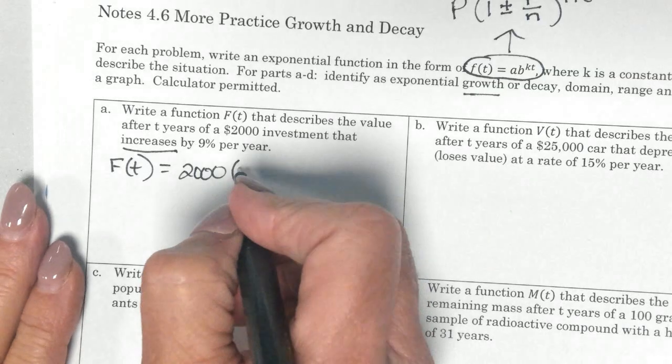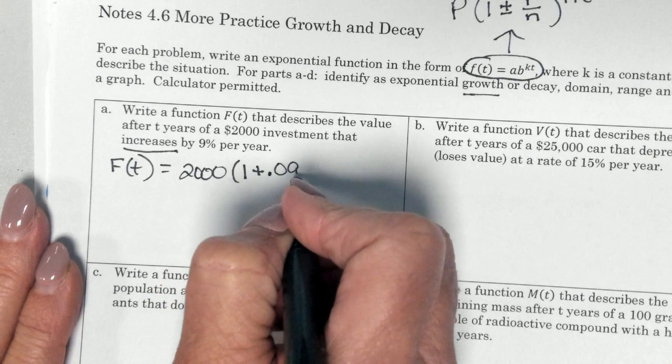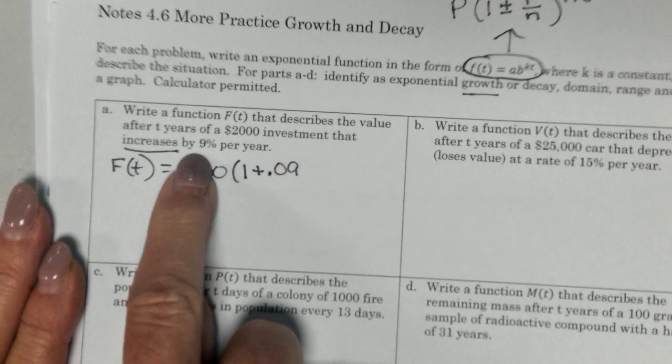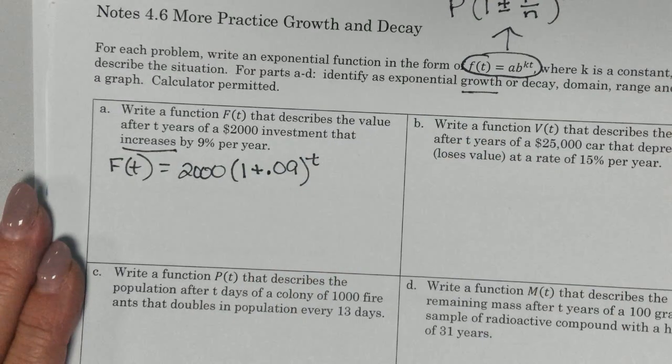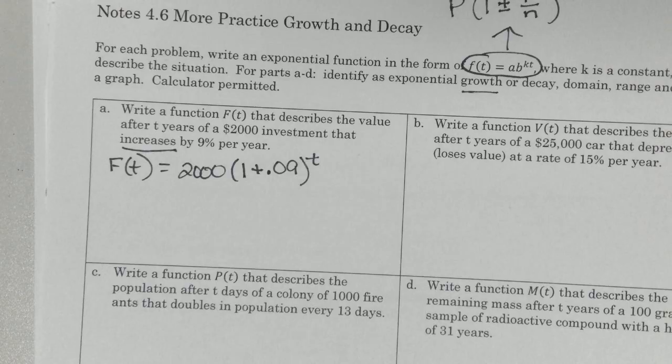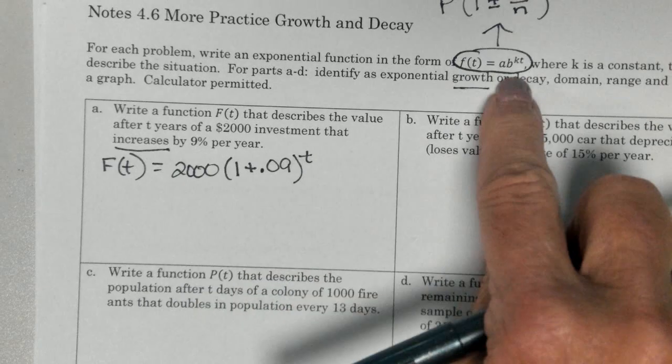So we got 1 plus 0.09, because you have to change your percent to a decimal, to the power of t. That's it.